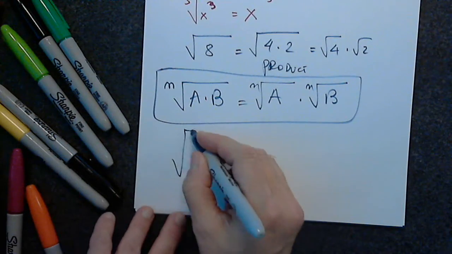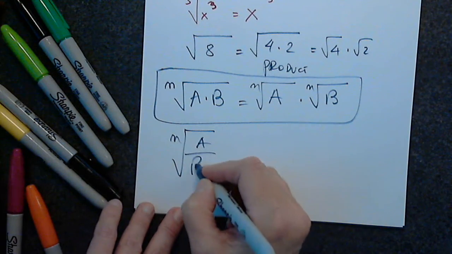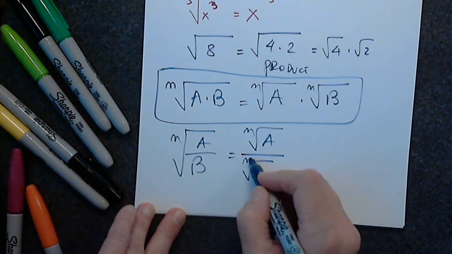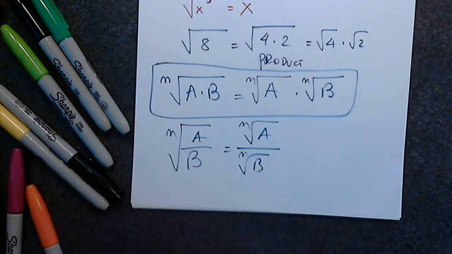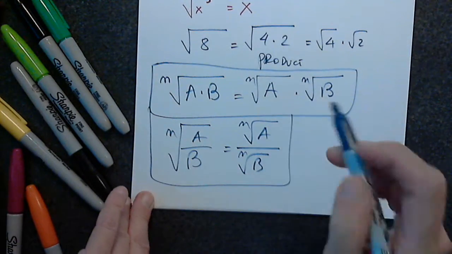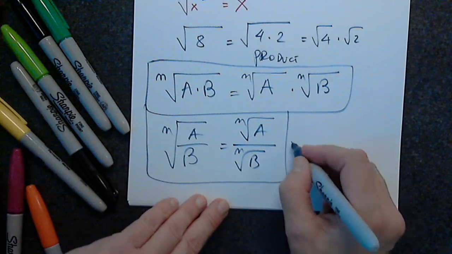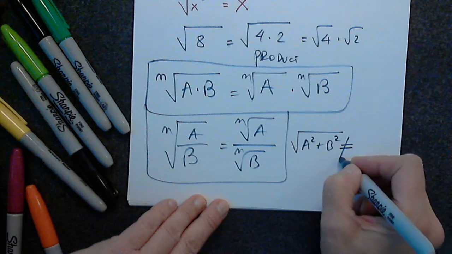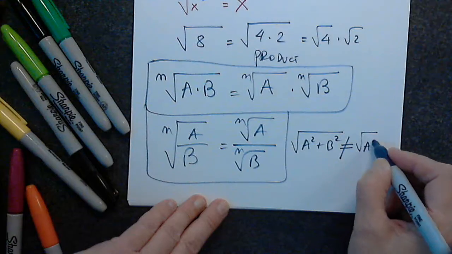Here is another. The nth root of a over b is the nth root of a over the nth root of b. Well, of course, assuming everything is a real number. Complex numbers will be treated differently. So notice one thing, which is extremely important, that the square root of a squared plus b squared cannot ever be written like this.